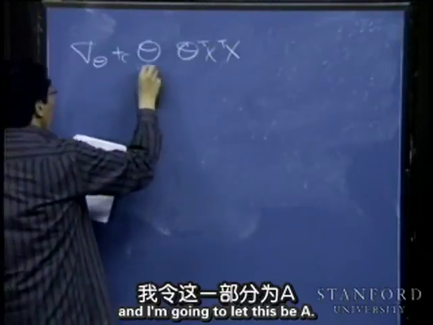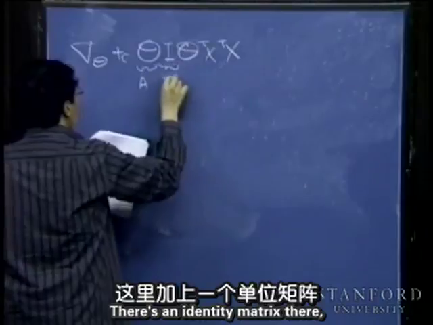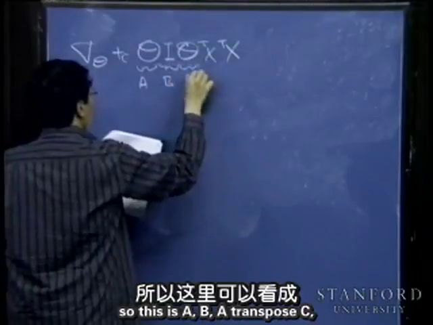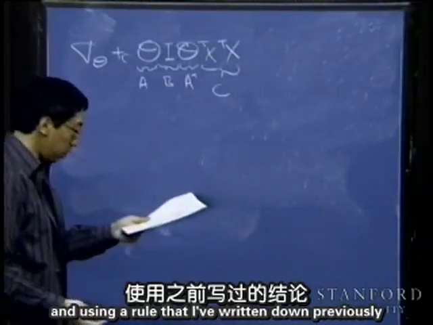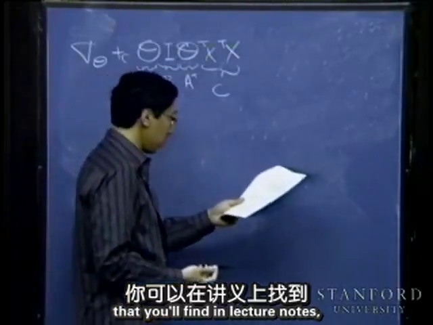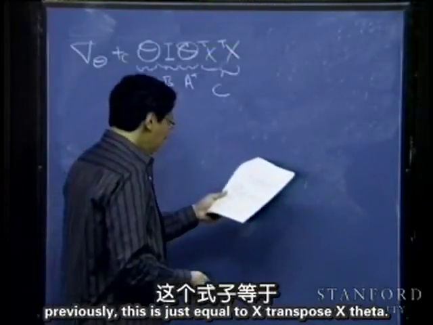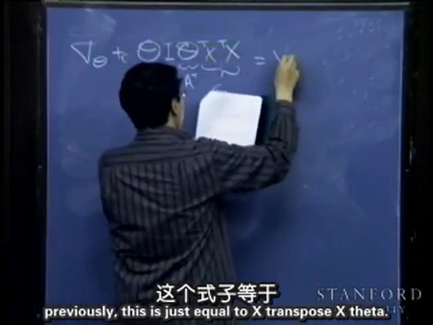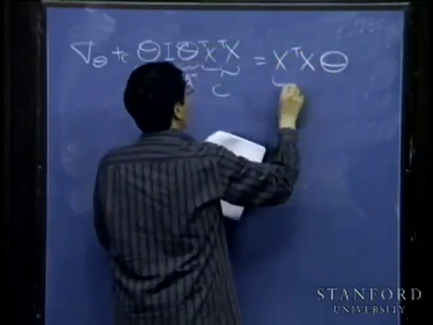And I'm going to let this be A, instead of the identity matrix there, so this is AB A transpose C, and using a rule that I've written down previously that you find in lecture notes, or I guess it's still on one of the boards, but that you have previously. This is just equal to x transpose x theta.